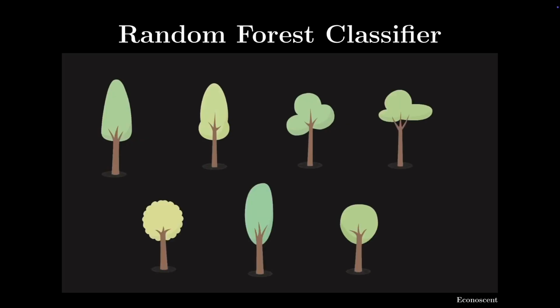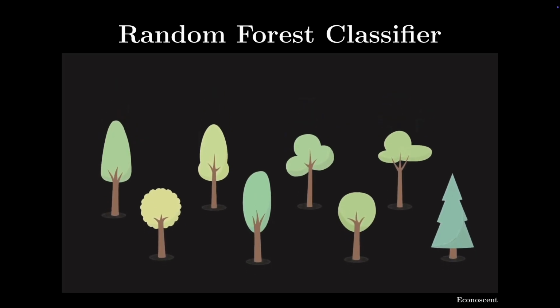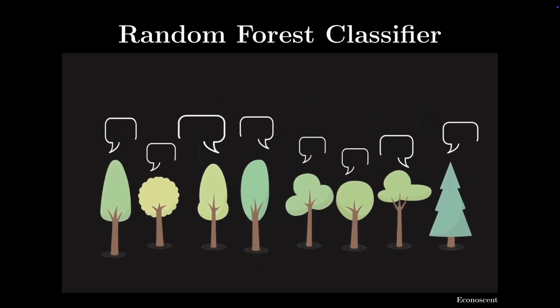Each tree is trained slightly differently and given its own prediction. When the model sees new data, all trees cast a vote on what they think the class should be. The class that gets the most votes becomes the model's final prediction. This ensemble approach reduces errors and usually leads to a more robust and accurate prediction than a single decision tree.